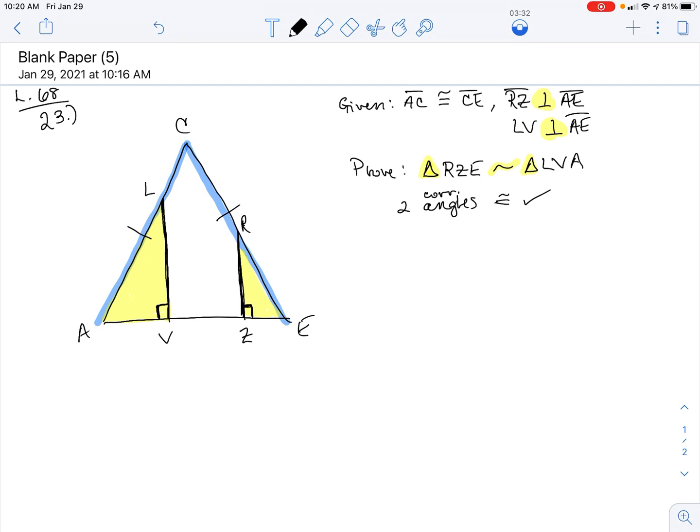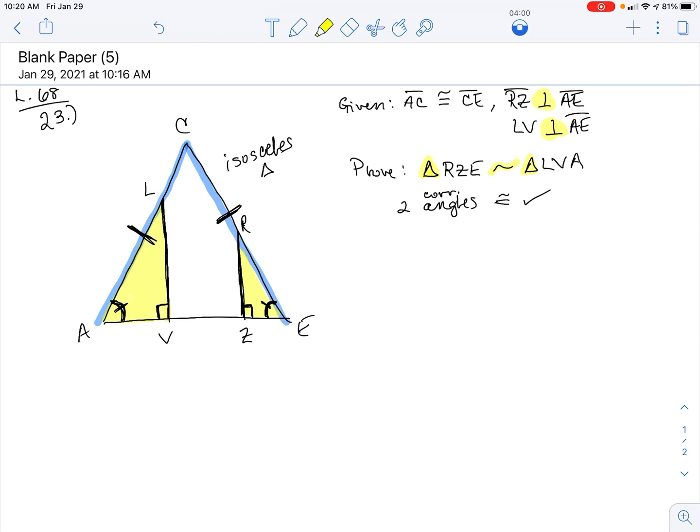Okay, so far we have two sides congruent, but it's the longer sides. But remember what that means. That means this is what kind of a triangle? It's an isosceles triangle because of these two congruent sides. And remember, in an isosceles triangle, if the two legs are congruent, then the base angles are also congruent. So we know that we have those two angles that are congruent to each other as well.